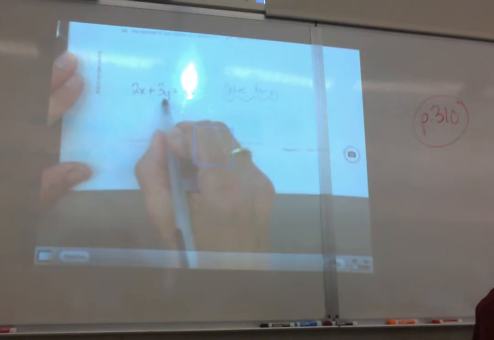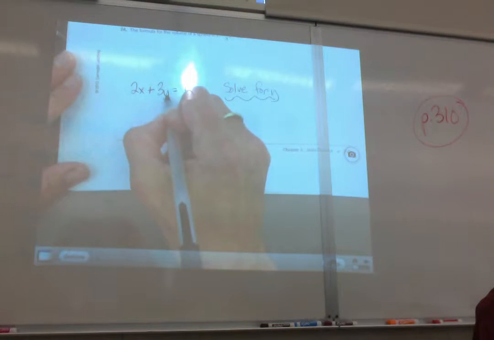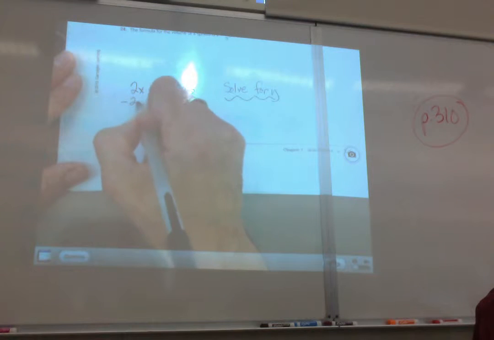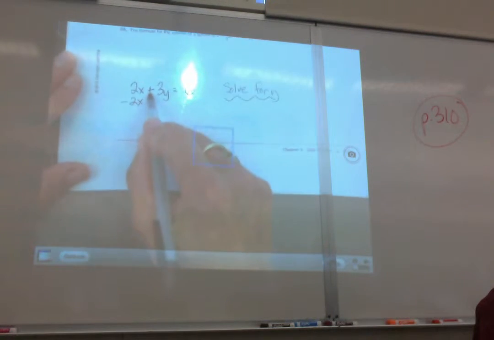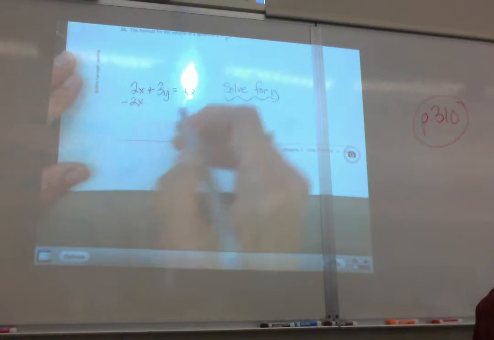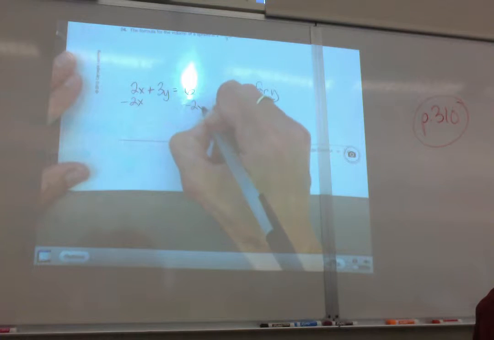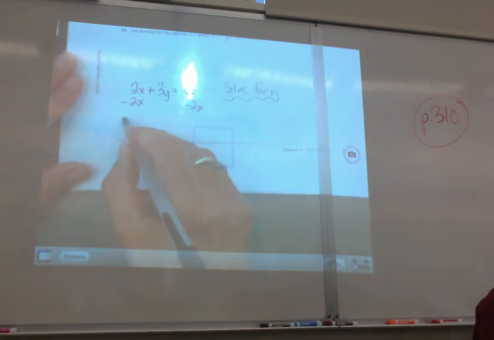If I want to get y by itself, first thing I'm going to do is minus 2x, because that's being added to the y. So reverse of adding is subtract. You do it on the other side of the equation as well.